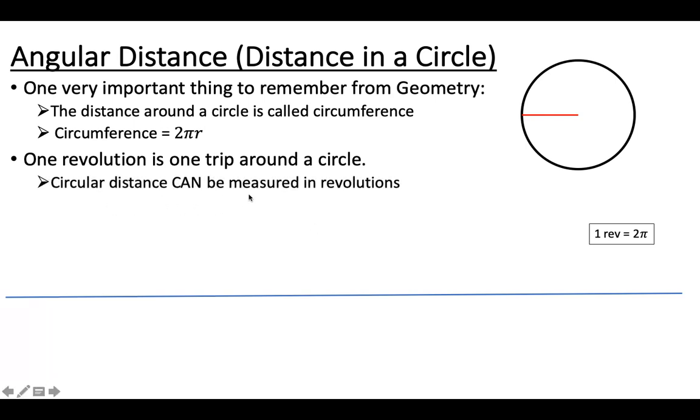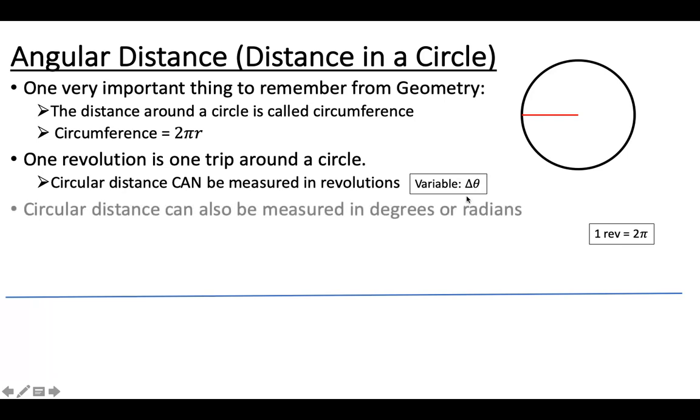Circular distance can be measured in revolutions. Okay, that is a real measurement for how far around a circle you have gone. For the symbol for circular distance, we used to have delta D. Now we have delta theta, and theta stands for an angle here. Circular distance can also be measured in degrees or radians.